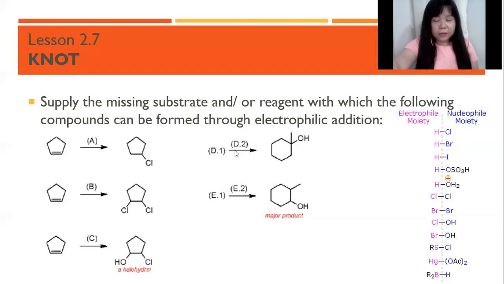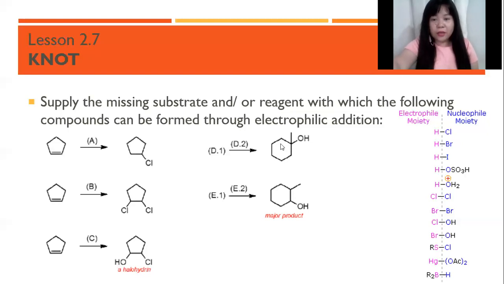For letter D, since this carbon in the original structure would be part of a double bond, you'll just have to decide whether the double bond from the substrate would ideally be found here or there.